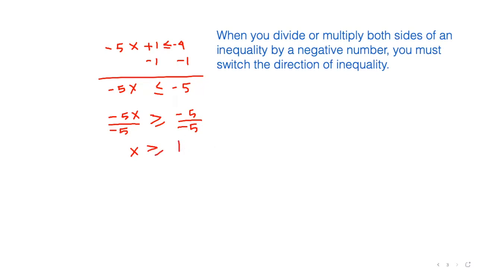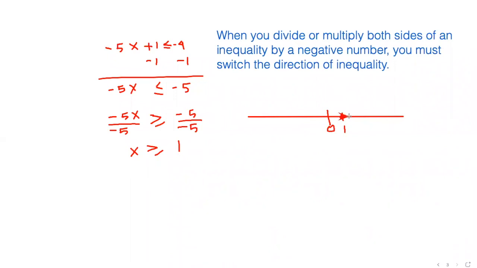So if you want to draw the number line and write it in notation format, it should look like this. If this is my 1 and this is more than or equal to, meaning x value can be 1. So 1 is included. So we have to draw a solid circle here. And the arrow will go to the right because it's more than or equal to.